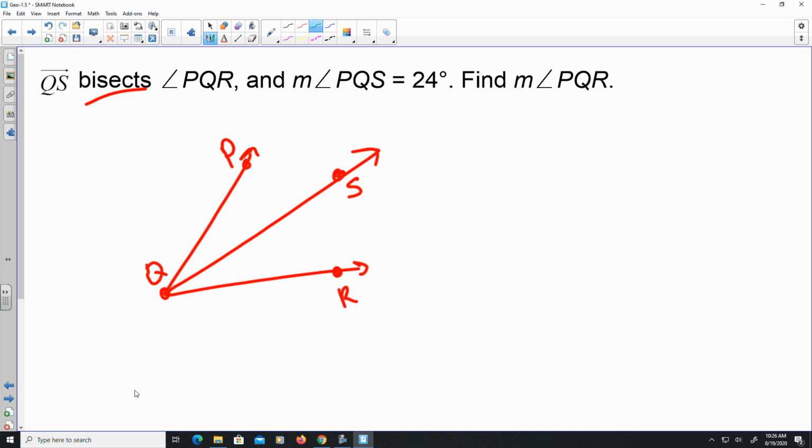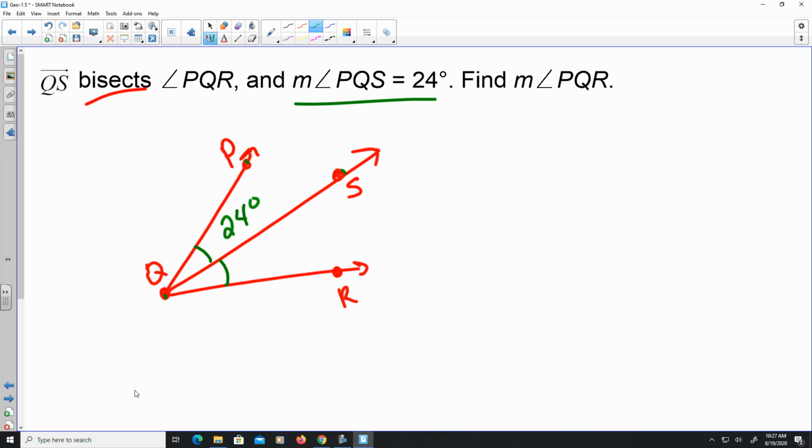So whatever the value of the measurement PQS is, it's going to be the same as the measurement SQR. They're telling you that the measurement of PQS is 24 degrees. They want you to find PQR, so that's the whole thing.